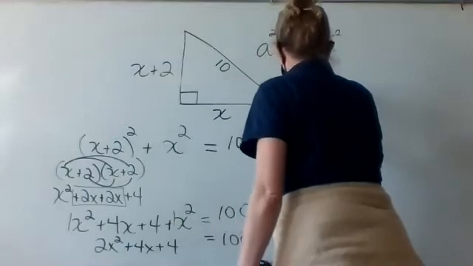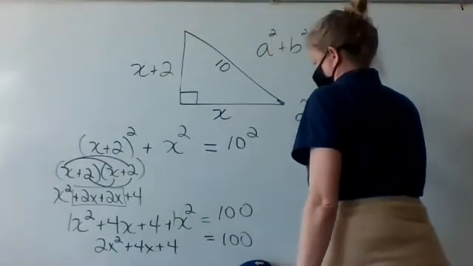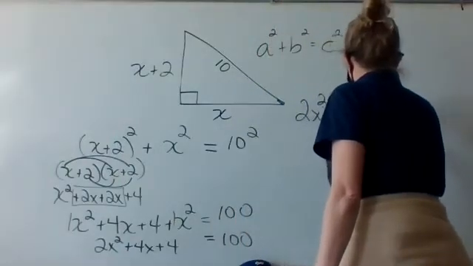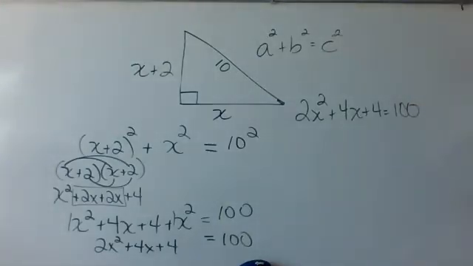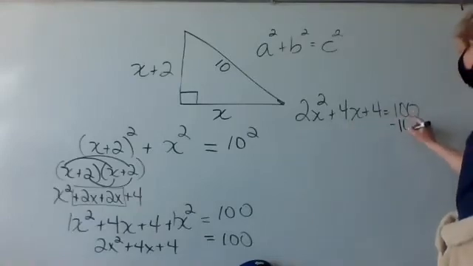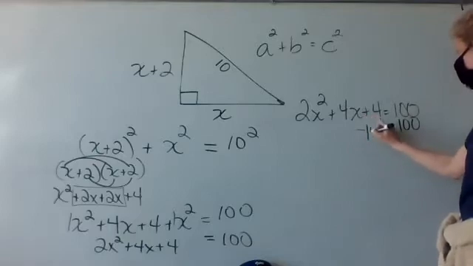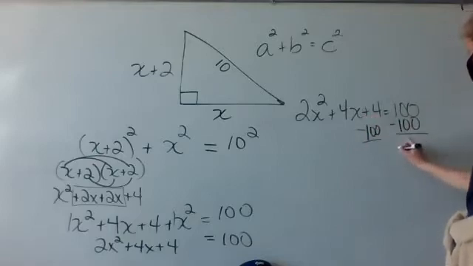So I'm at the point where I have 2X squared plus 4X plus 4 equals. Now all I have left to do is to move the 100 over there to set it equal to 0. So I'll subtract 100. So the right side will be my 0 like I want it to be.